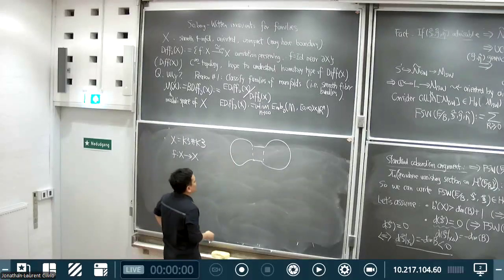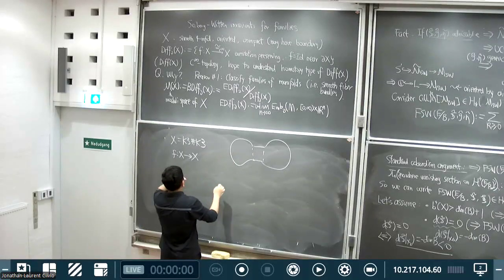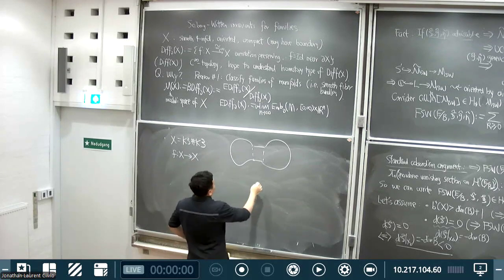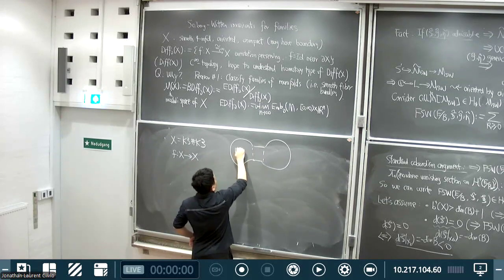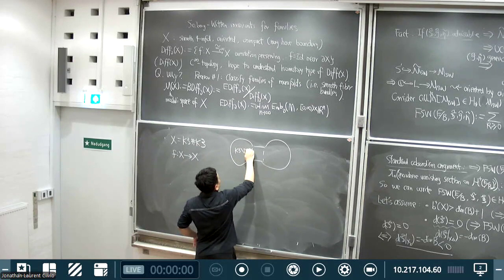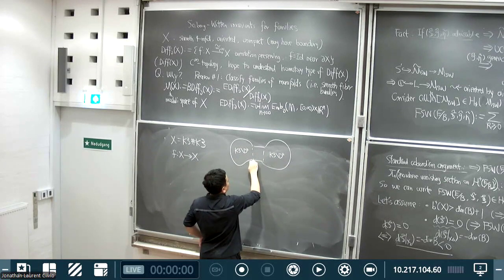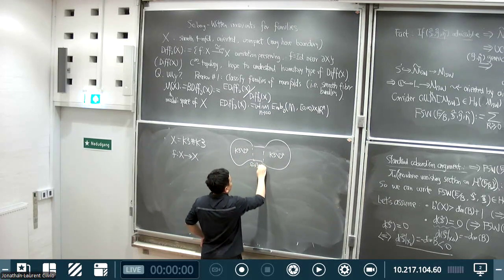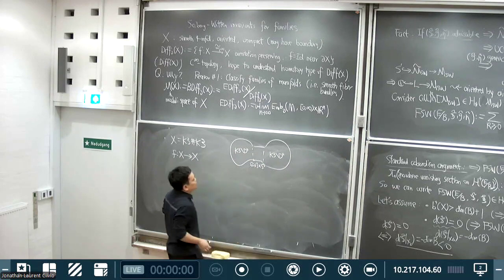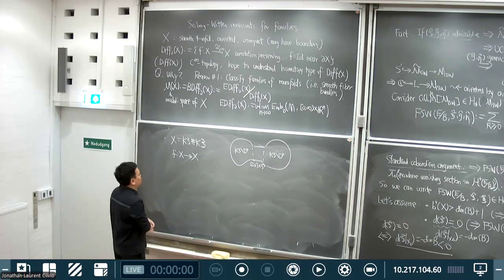What does that mean? We decompose X into three parts: K3 minus a disk, then [0,1] times S3, and so on.